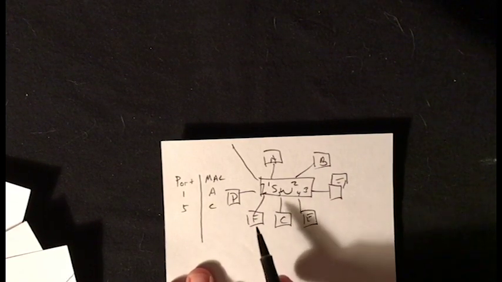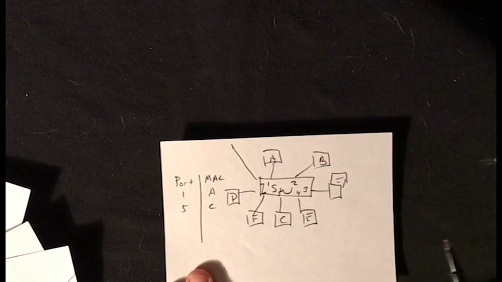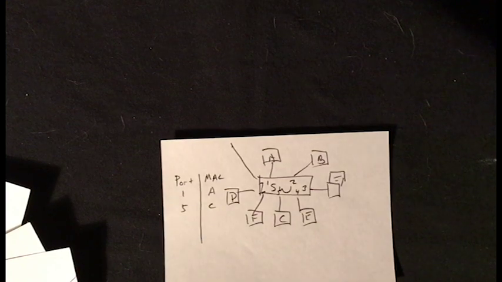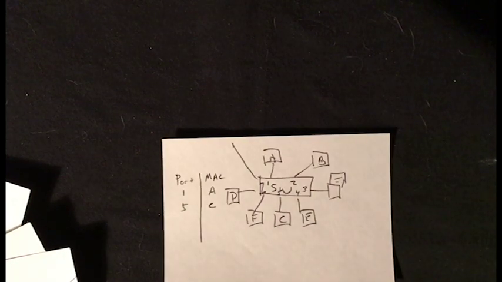Eventually, it only sends traffic out where it needs to go. With the bus network and with the hub style of network, everybody sees every single frame that comes across the line, whether it's relevant or not. So the switch is a nice way of cleaning up your network.